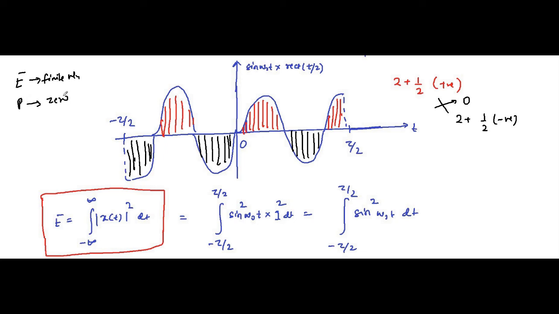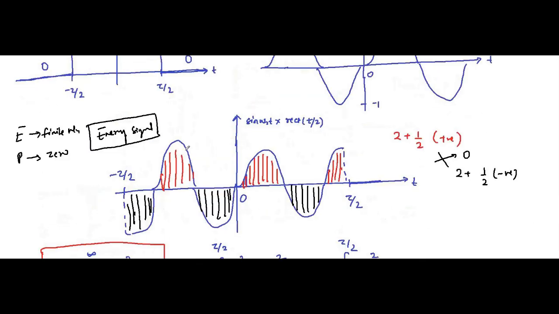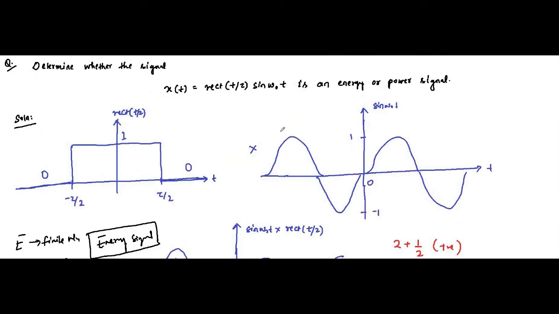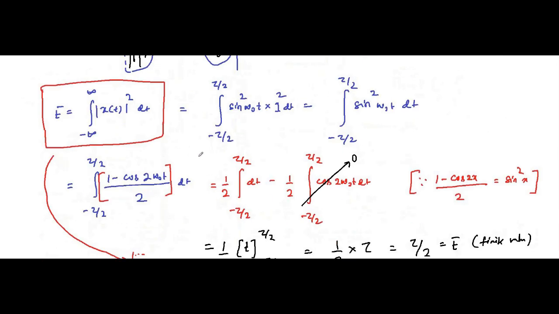This satisfies the requirement of an energy signal: finite energy, 0 average power. So this function, which is the product of the rectangular pulse function and the sinusoidal function, is an energy signal.